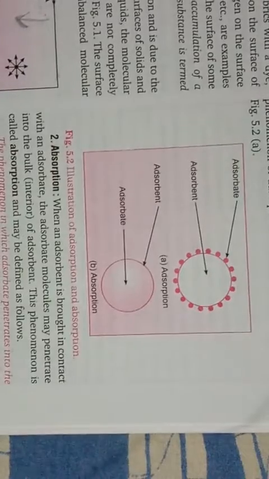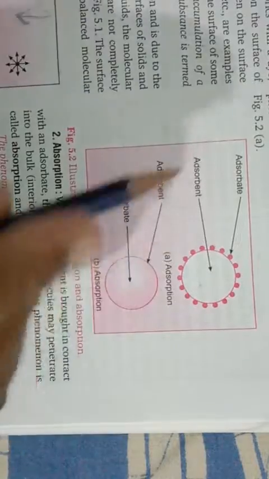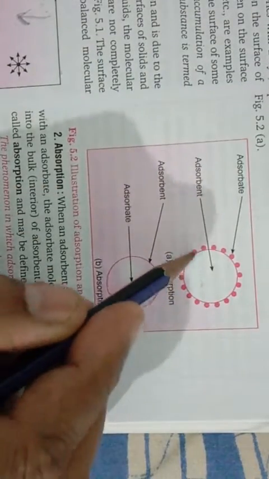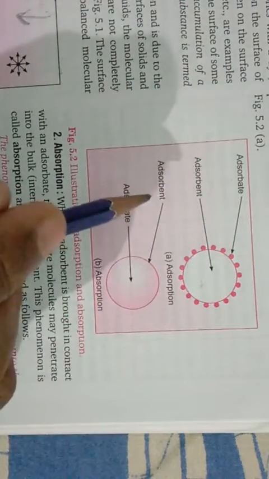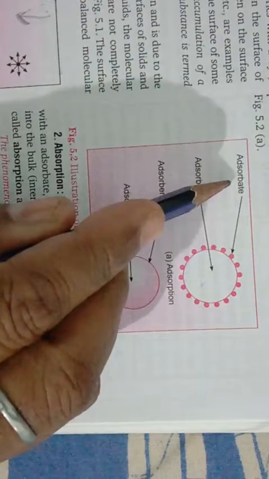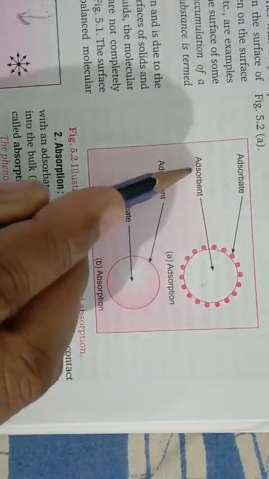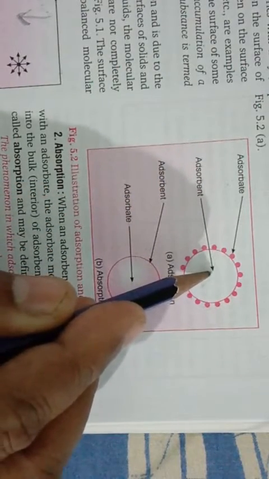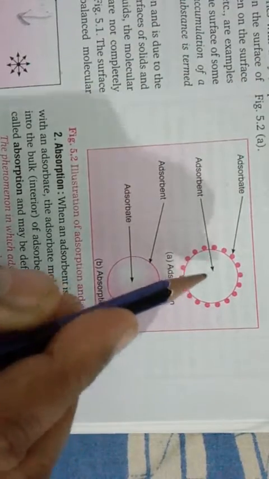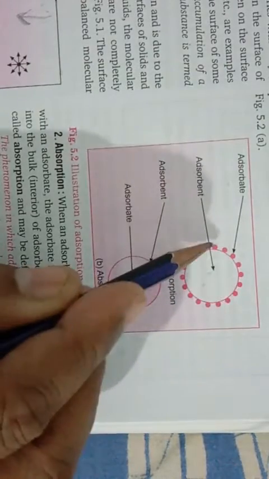So as we can understand with the help of these diagrams, in adsorption the adsorbate is only present on the surface of the adsorbent. Okay, the adsorbate is the substance which gets adsorbed, and the adsorbent is the substance which is doing the process of adsorption.